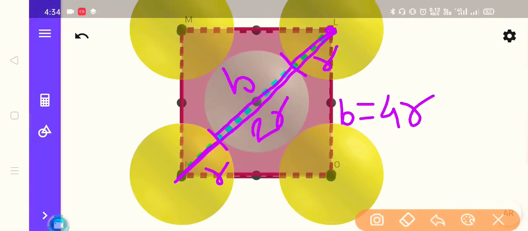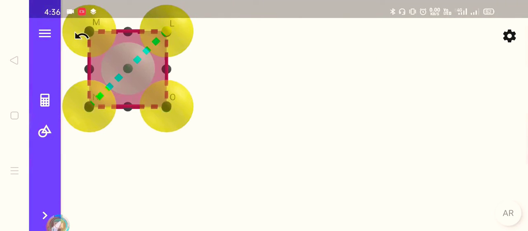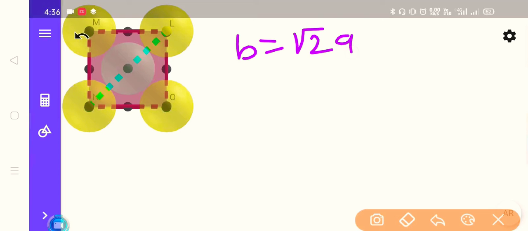Okay, so for the given structure or unit cell, b is equal to 4r, but we already know that b is equal to root 2 a, that means the relationship between face diagonal line and edge length. In this case our b is equal to 4r.